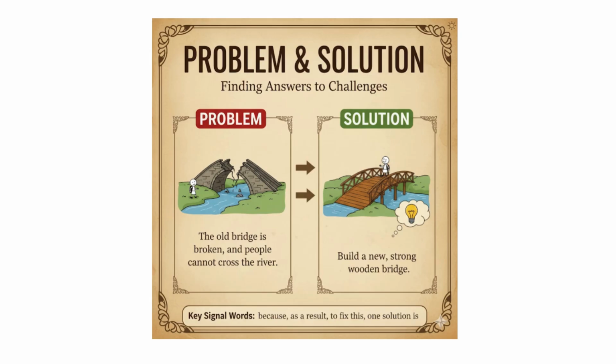Let's look at problems and solutions. That's finding answers to challenges. This structure presents a problem and then explains the solution. Our key signal words to look for are: for example, to fix this, one solution is, because, as a result.